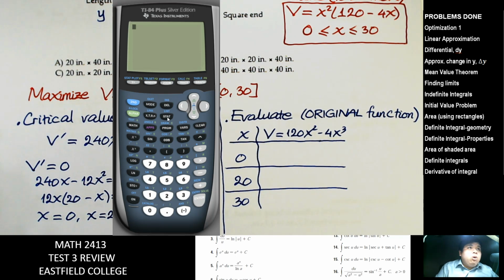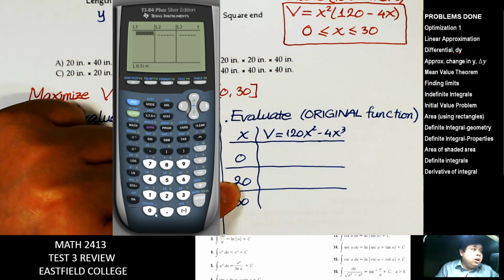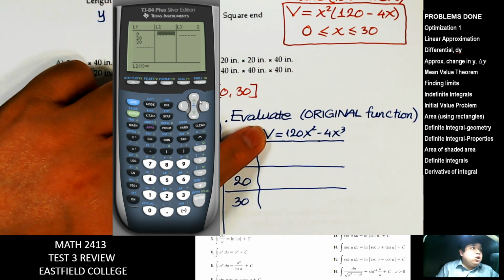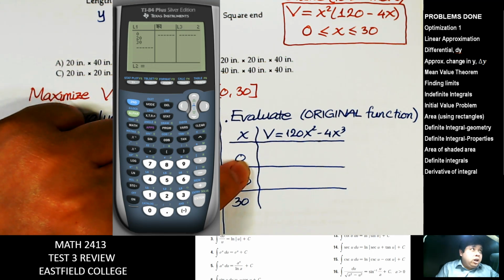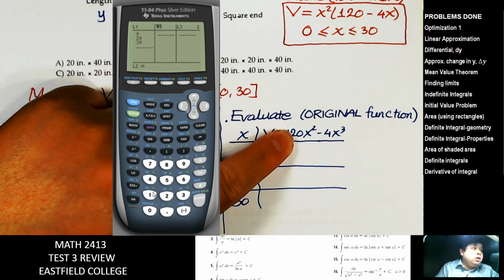So I'll go to stat, edit. In list one I will have these values, 0 and 20. I think we did this on the second review. And then on this function, we need to highlight L2, and with L2 highlighted, we enter the function.